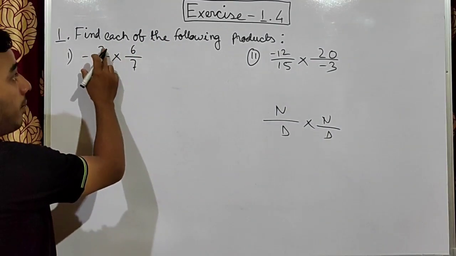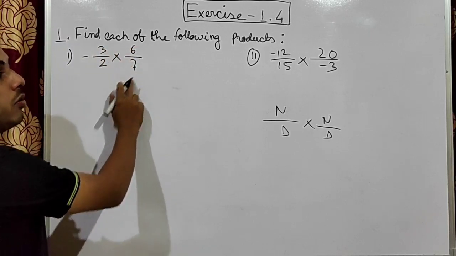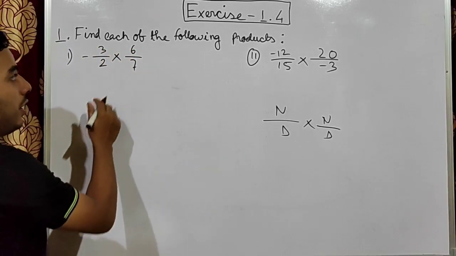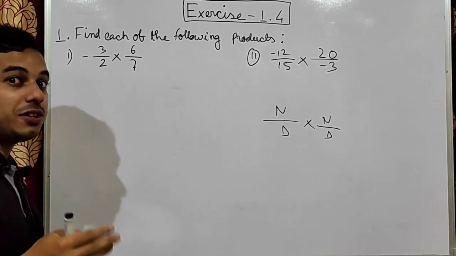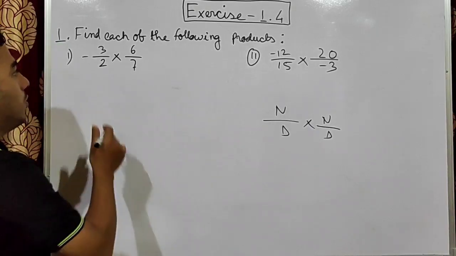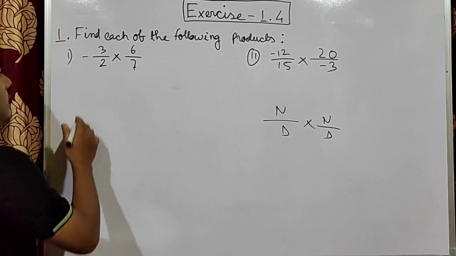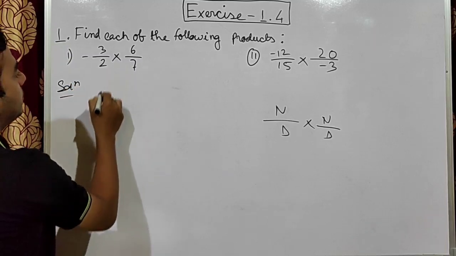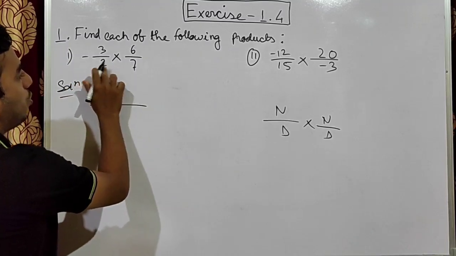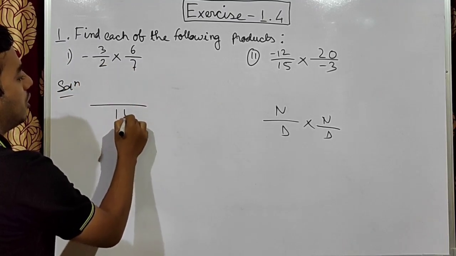So here also we will multiply the numerator with numerator, denominator with denominator. In this case, there is no need to make the denominators the same as in addition and subtraction, isn't it? Very good. We'll just multiply. So let's write the solution. 2 into 7 is how much? 2 into 7 is 14.